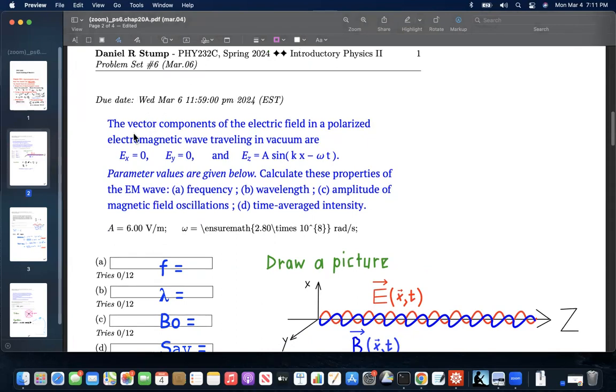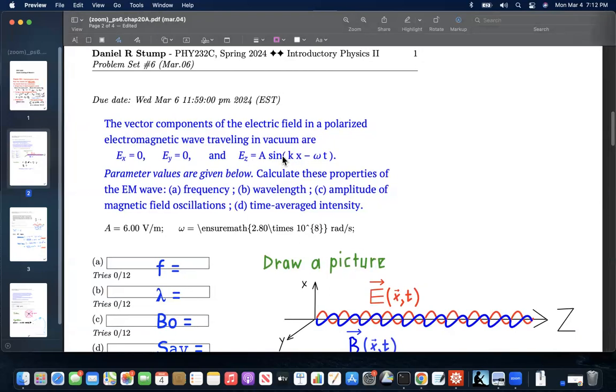Suppose you have an electric field where Ex is 0, Ey is 0, Ez is A sine of kx minus omega t. This is a wave polarized in the z direction. So the electric field is oscillating in the z direction and traveling in the x direction. So the magnetic field will be perpendicular to both of those directions. It'll be in the y direction.